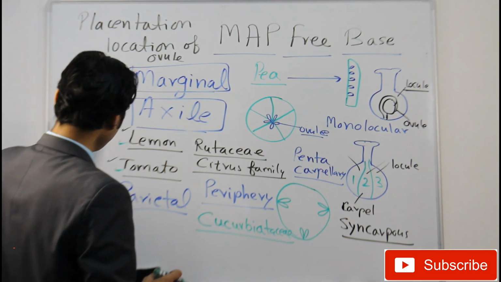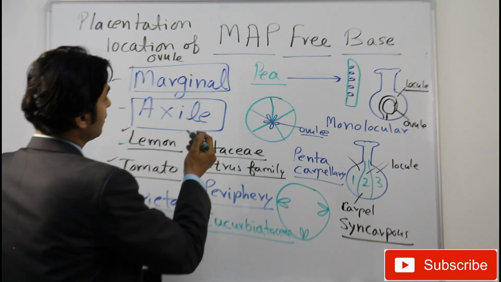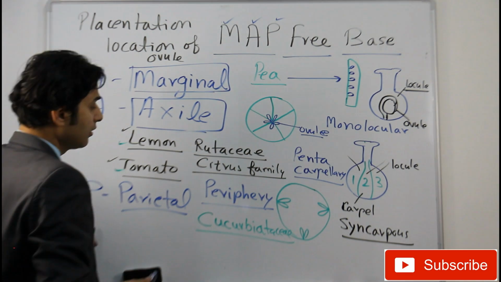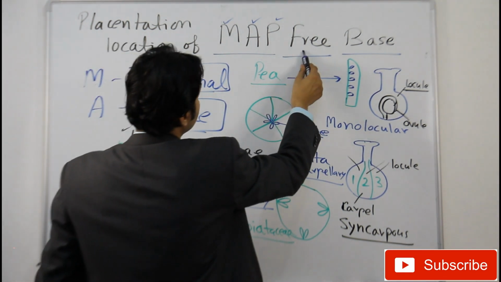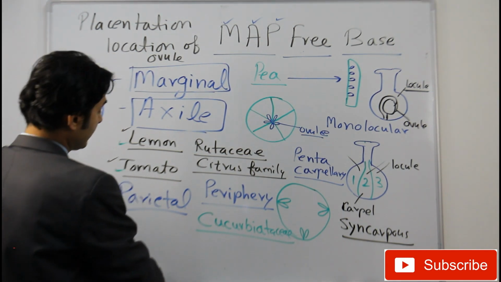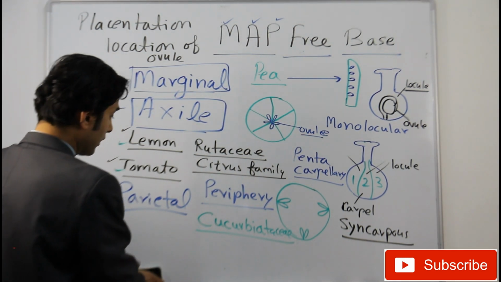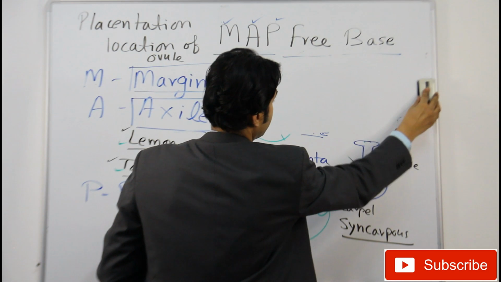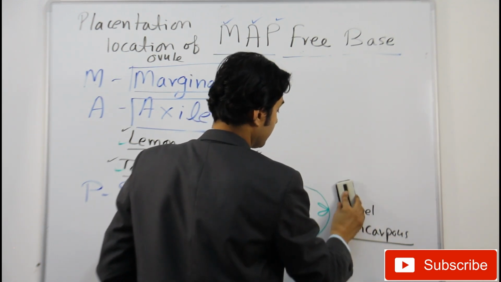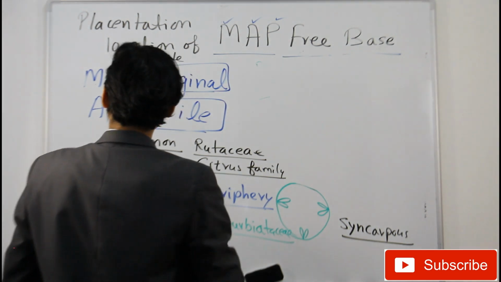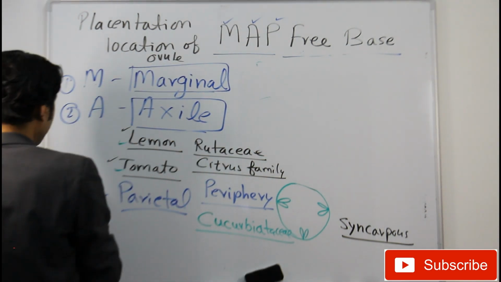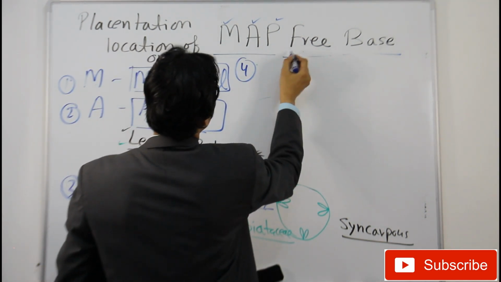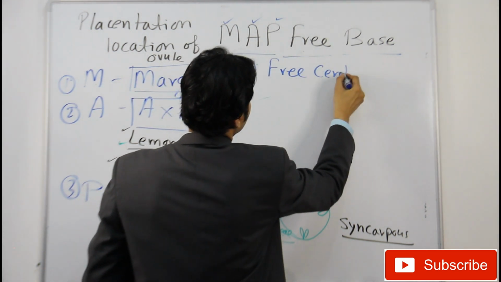So we have seen M-A-P: marginal, axile, parietal. Then what is remaining now? Free, the free central. So I will remove these and write here so that it is easy for you and all will be together. Number 1 is marginal, axile, parietal. Number 4 is free central.